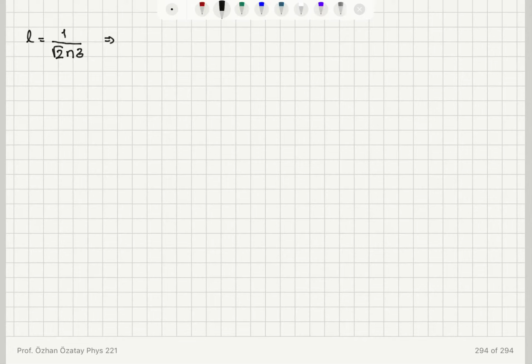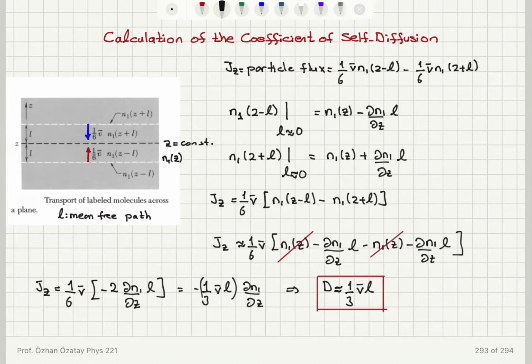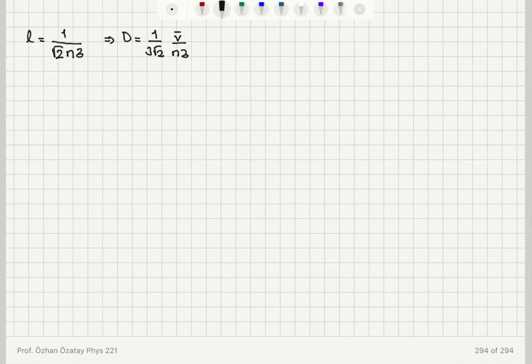So we will find that the coefficient of self-diffusion will be 1 over 3 square root 2 V bar over n sigma. So we have substituted for L in this equation 1 over 3 V bar L.